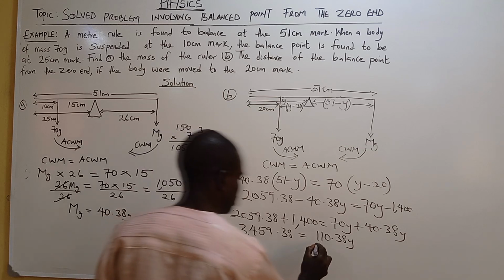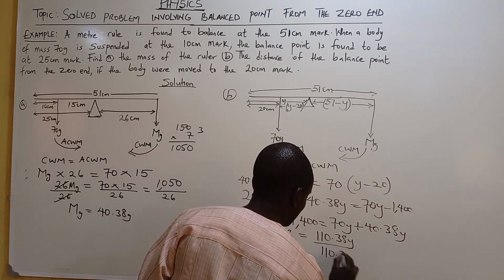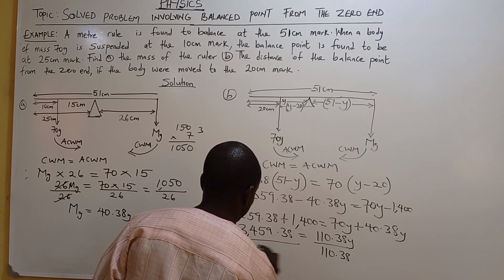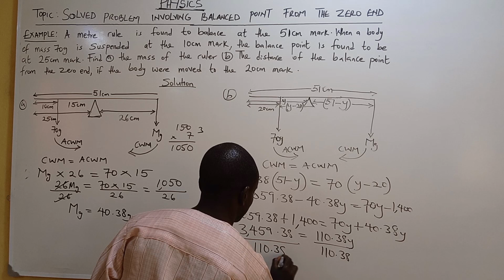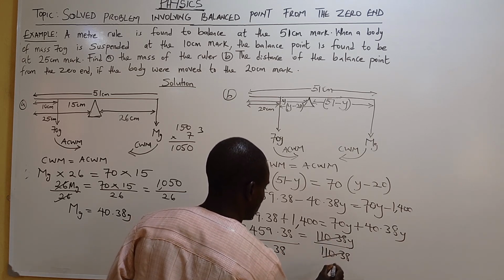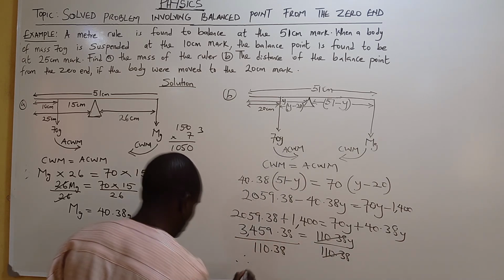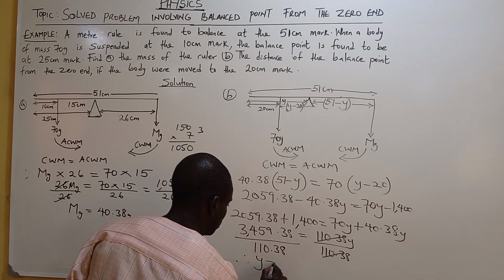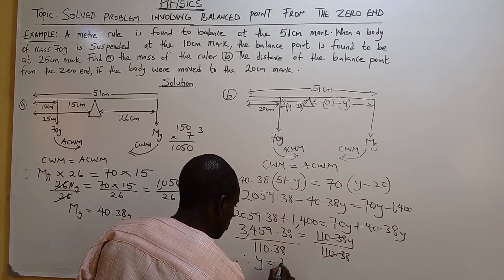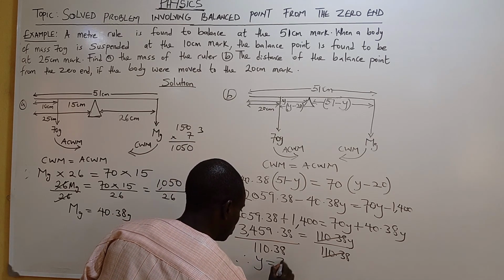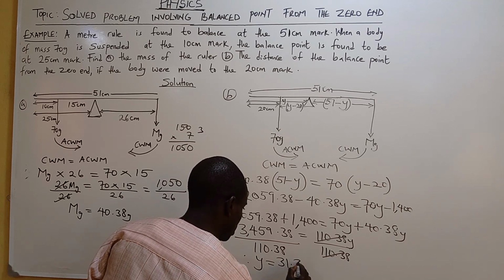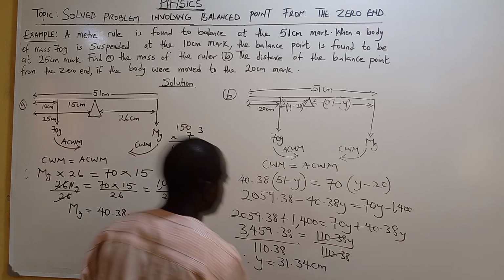You divide both sides by 110.38, and 110.38 cancels 110.38. Therefore our y equals 31.34 centimeters.